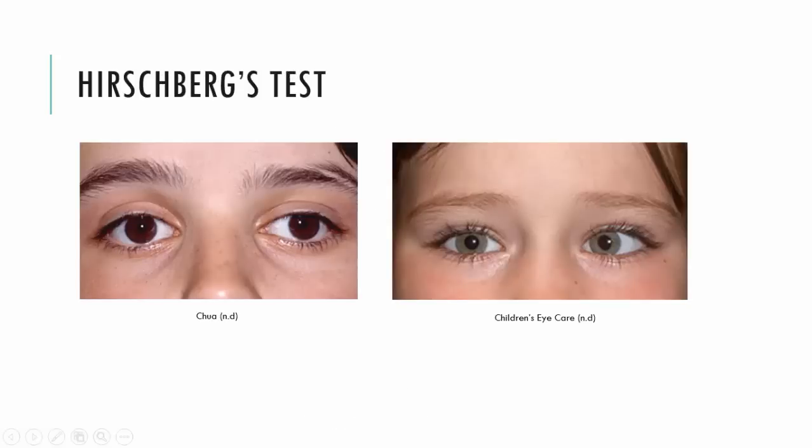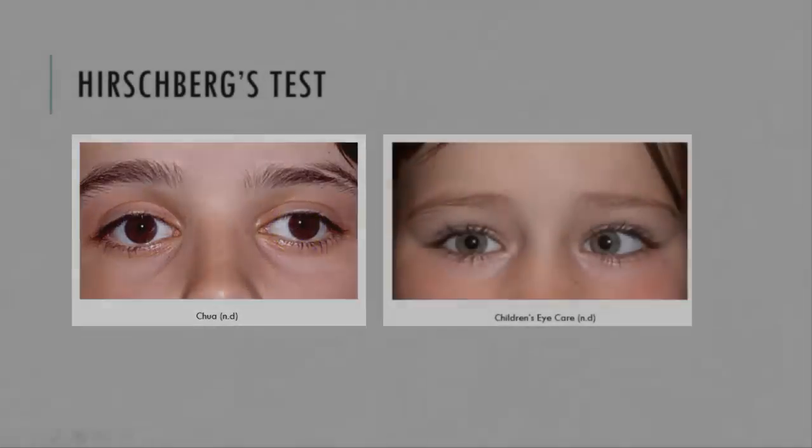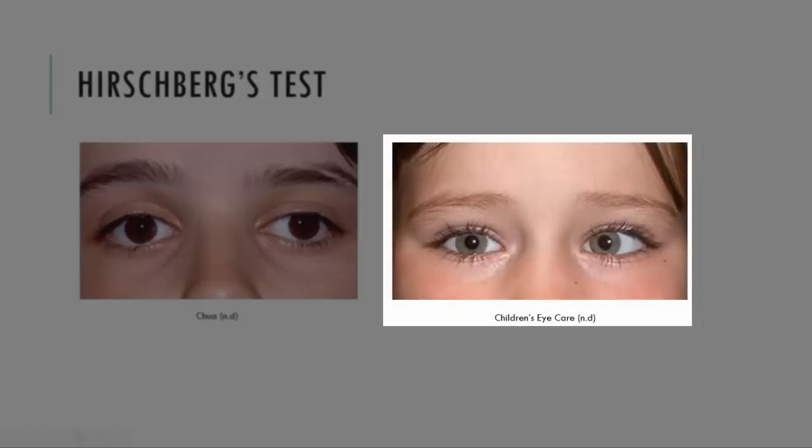corneal reflections. And here we see that the patient has a left exotropia through the displaced reflex. And what we can see is it's sitting on the margin of the pupil, and thereby we might estimate that is around 15 degrees. In this particular instance here, we have a left esotropia, and again, it's sitting on the margin, and we might estimate that that is around 15 degrees.